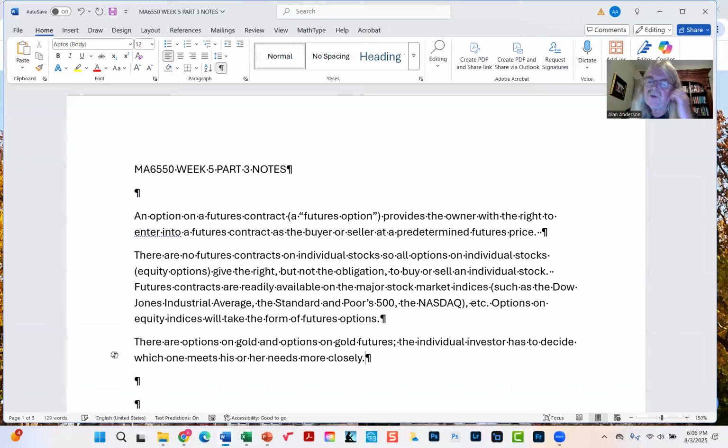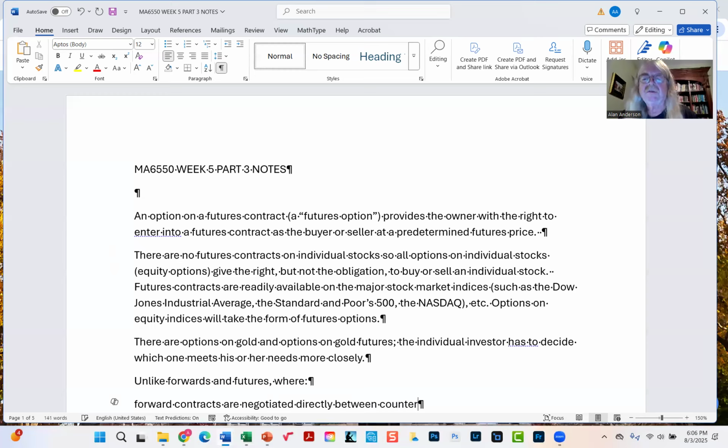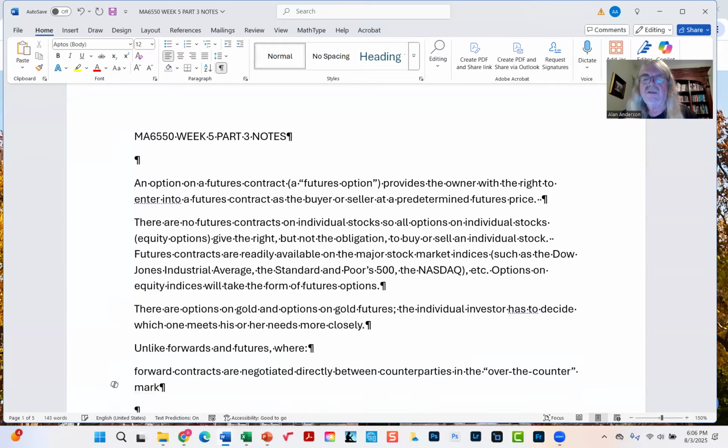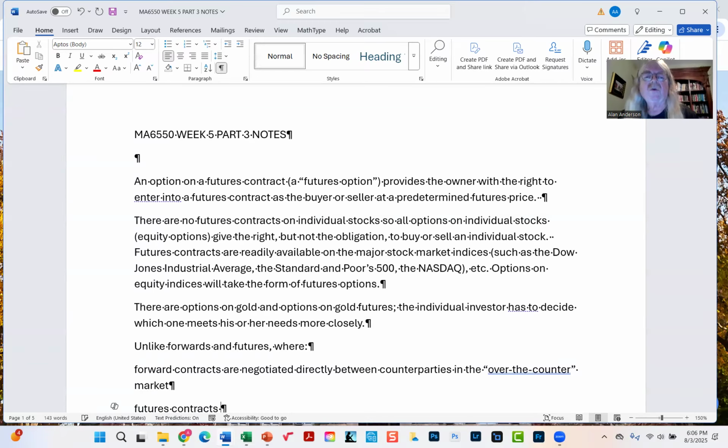So now what's interesting here too is that unlike forwards and futures, where if you remember, forward contracts are negotiated directly between counterparties in the over-the-counter market, as it's called, futures contracts are only available through organized exchanges such as, as we saw earlier, the Chicago Mercantile Exchange, although it's not the only one.